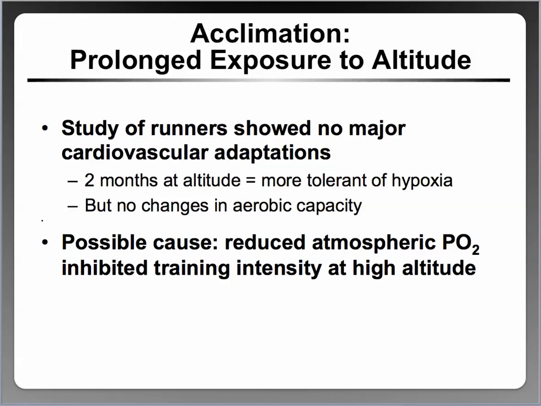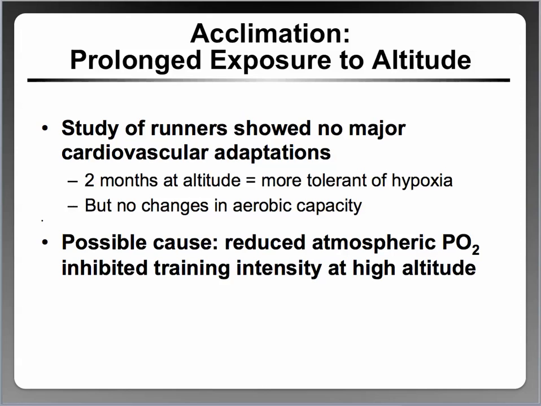And it was unexpected. They thought that these athletes would be able to acclimate and after 2 months show an increase in VO2 max compared to their initial VO2 max levels upon arriving at altitude.